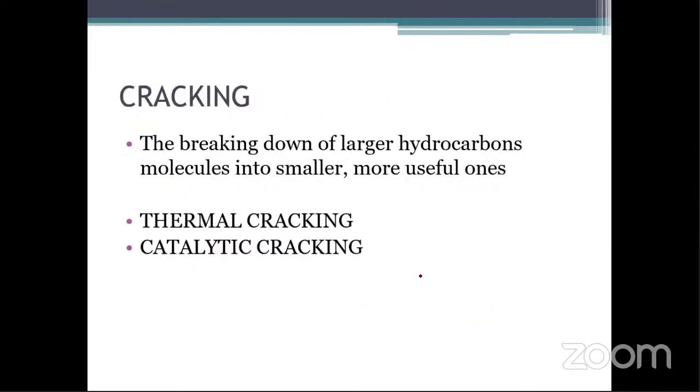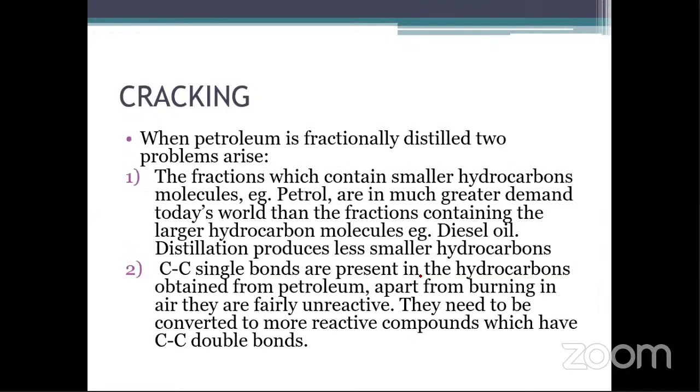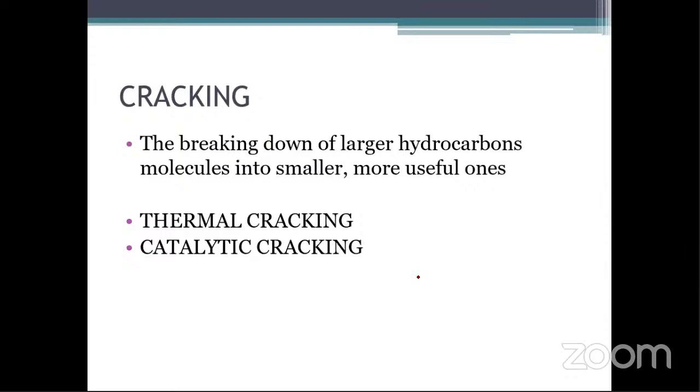So let's go over that. In order to get more useful hydrocarbons, we break down the larger hydrocarbons into smaller ones, and we call that cracking. There are two types of cracking: thermal cracking and catalytic cracking.